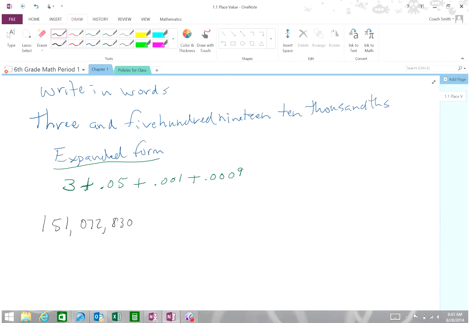A decimal. So what I said would be written 151,072,000.830. Well, that's not that number. How you really say that number is 151,072,830. There's no "and" in there.